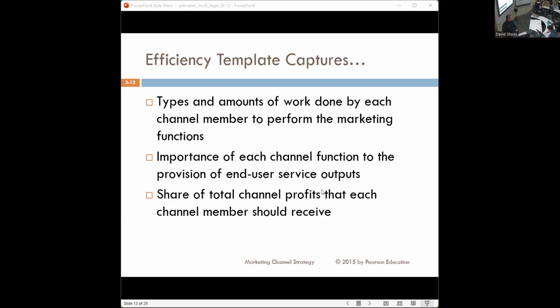If you look on the inside of your sheets, you're going to see that concept there, the normative profit share, what each channel member should receive. Generally it is expressed as a percentage of total profits, like they should have 25% of the profit.